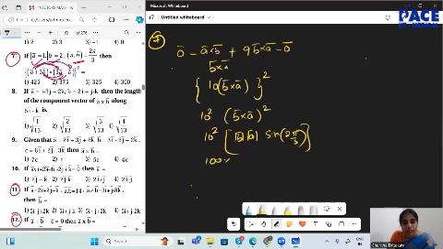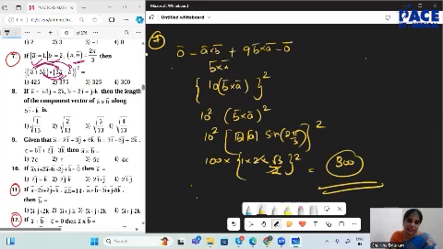So it is 100 times the determinant, with the magnitudes multiplying to 1 and 2, and sine 2 pi by 3, which is the same as sine pi by 3, which is sine 60. That is root 3 by 2, the whole square. So 100 times 3, that is 300, is the answer for the question. For the 7th question, the option is 300. Right. Going further.